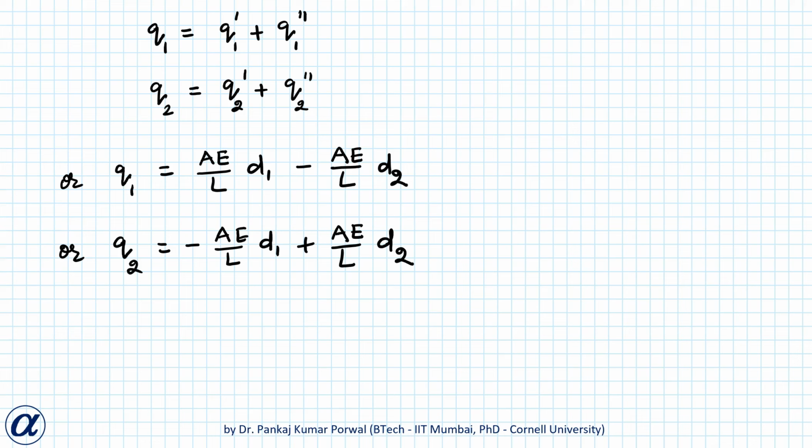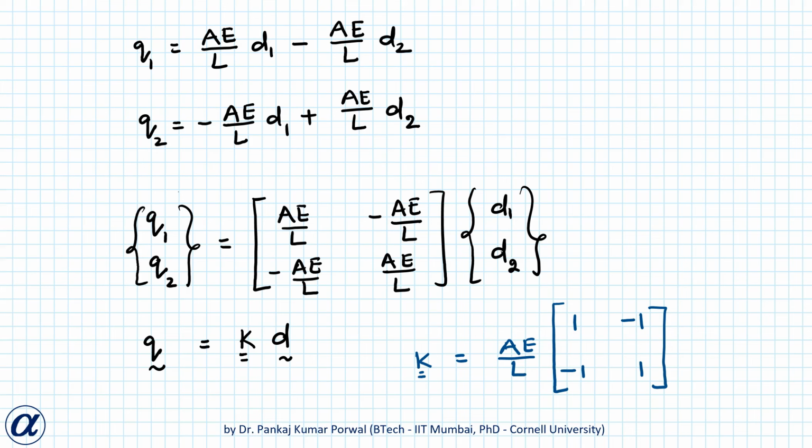Here note that we have two linear equations relating the forces and displacements at the nodes of the member, and it is convenient to write this system of equations in matrix form like this, where Q1, Q2 is a vector of nodal forces and D1, D2 is a vector of nodal displacements, and this matrix consists of stiffness coefficients.